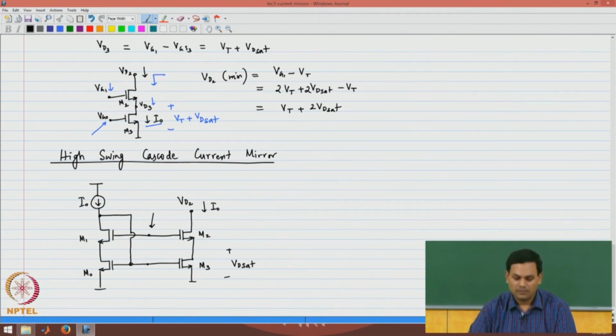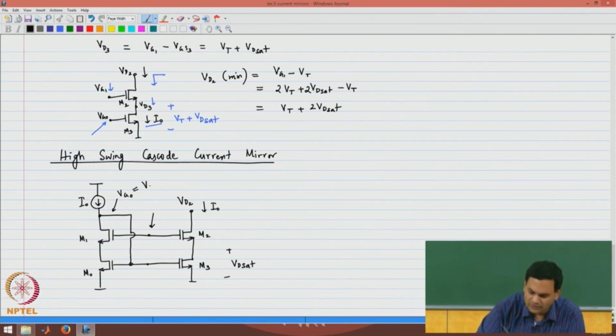So, if you make this connection, this will ensure that this voltage Vg0 will still be equal to Vgs0. So, this is also a case of negative feedback, just like the original current mirror. This voltage will be equal to Vt plus Vd sat.